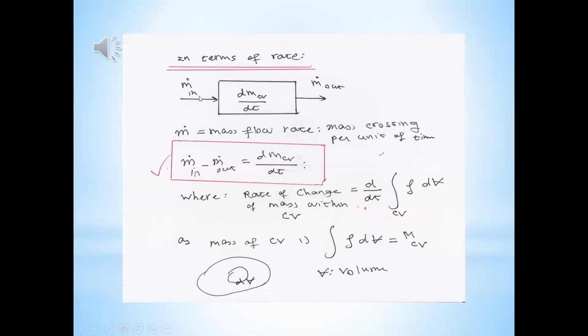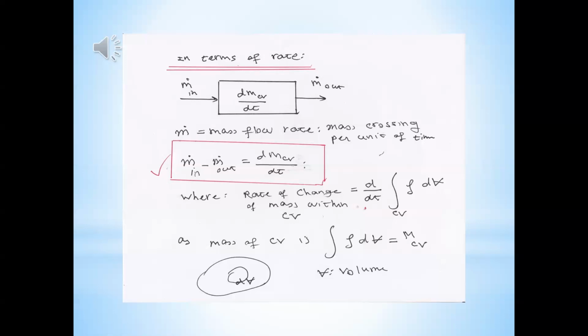So mass flow rate into the system should balance mass flow rate out of the system. These two should be equal. So in one unit of time, these two should balance. If 10 units come in, 10 units have to leave, because if these two are not equal, then the difference, according to conservation of mass, cannot disappear or be created.